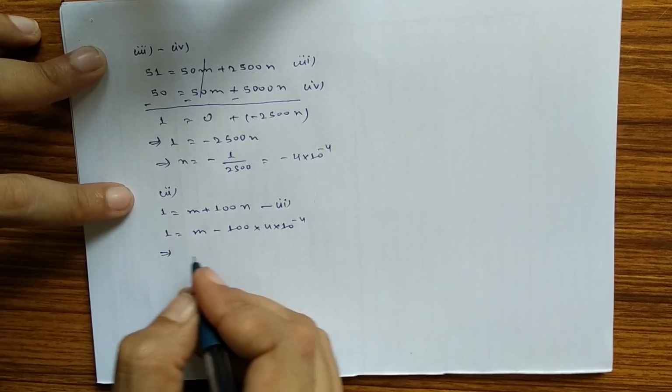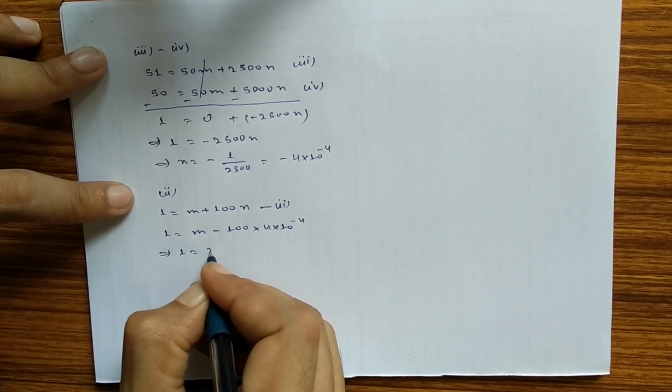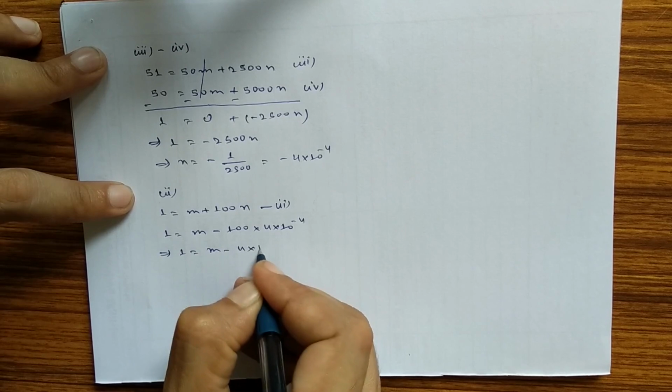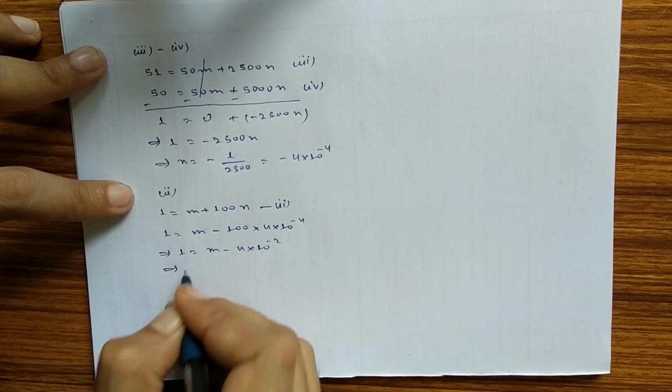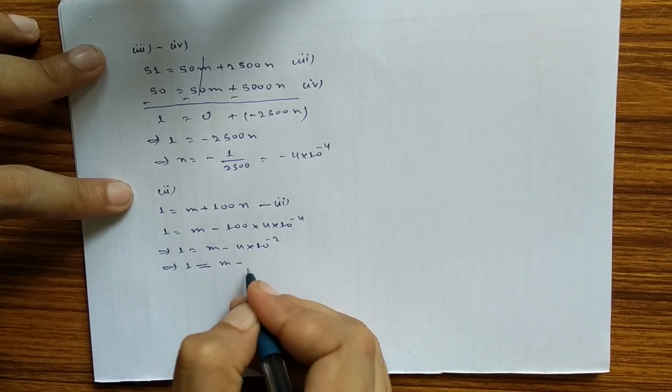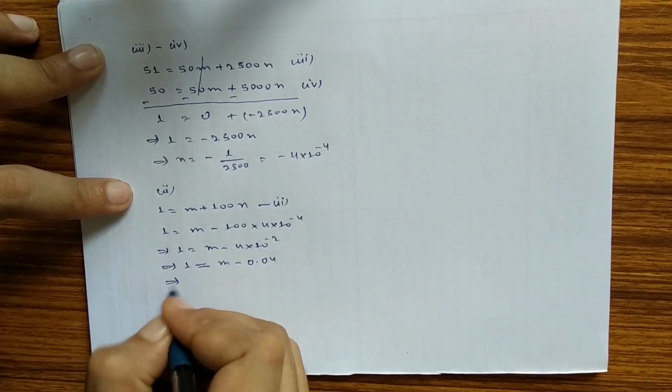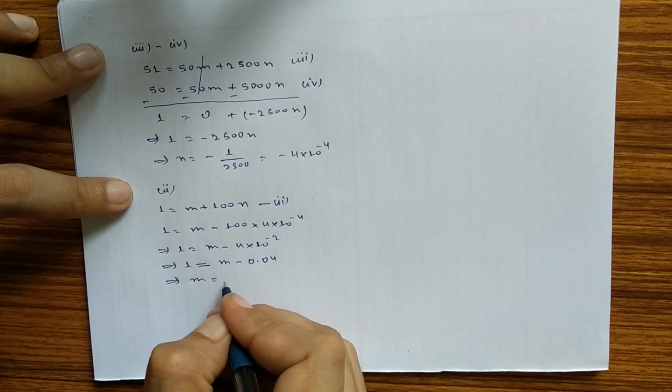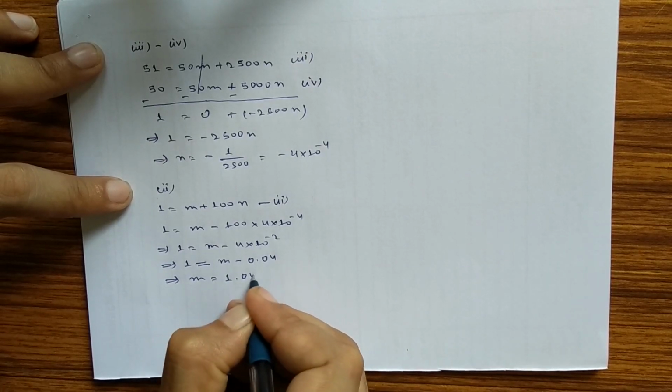From there we get 1 equals to M minus 4 into 10 to power minus 2. This is 1 equal to M minus 0.04. From there M equals to 1.04.